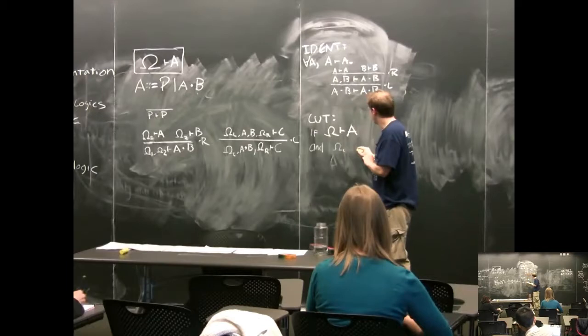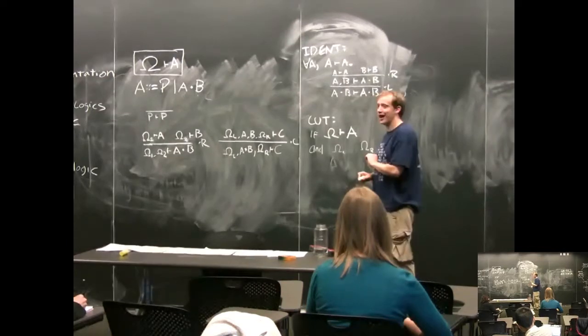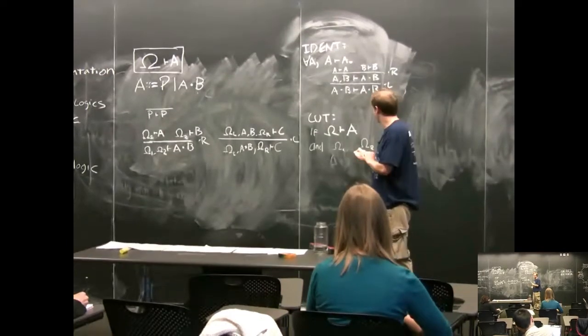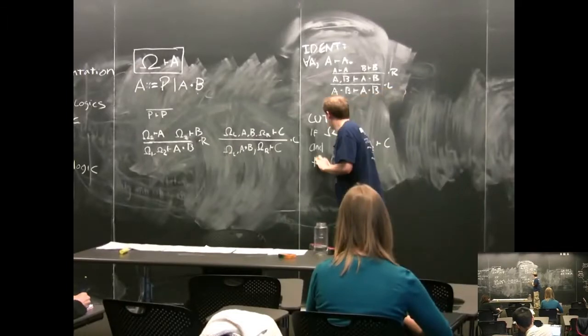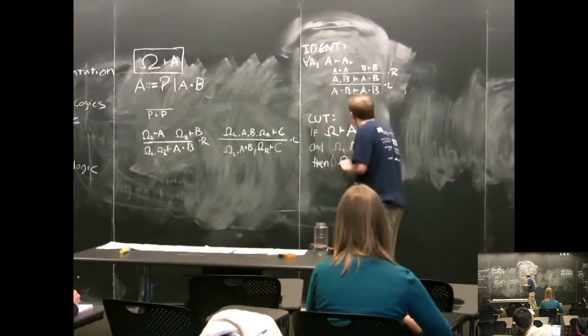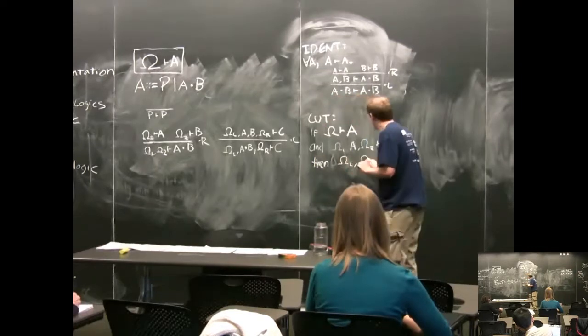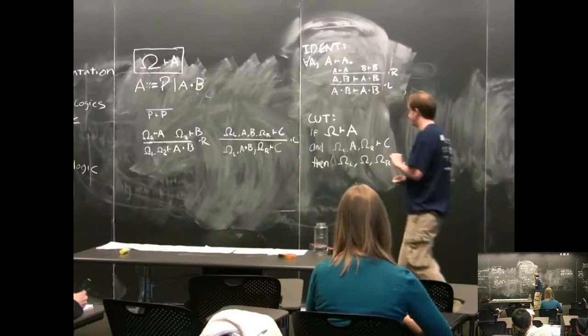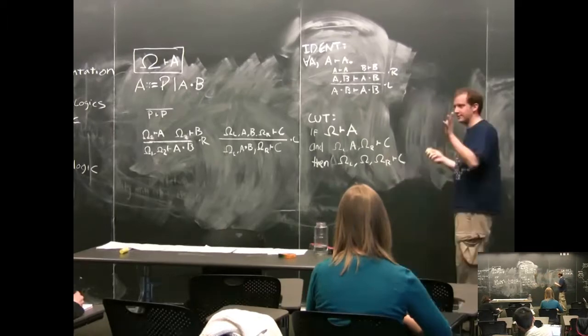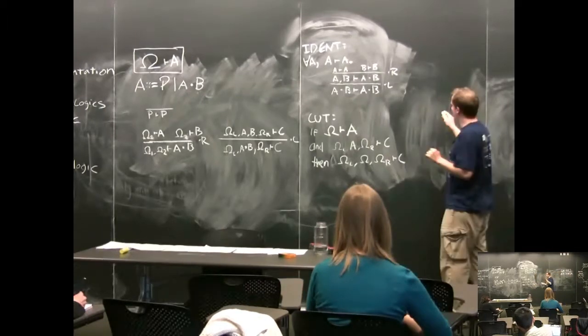So we're trying to cut out, let's call them, a chunk of the context. Let's call it omega left and omega right. And what do I have in the middle? A proves C. Then omega left, omega right proves C. All right, so let's just check the principal case to make sure we're not crazy.